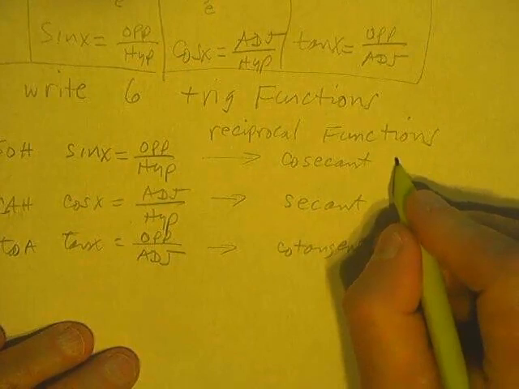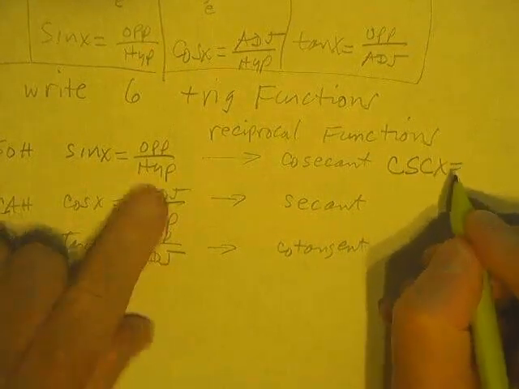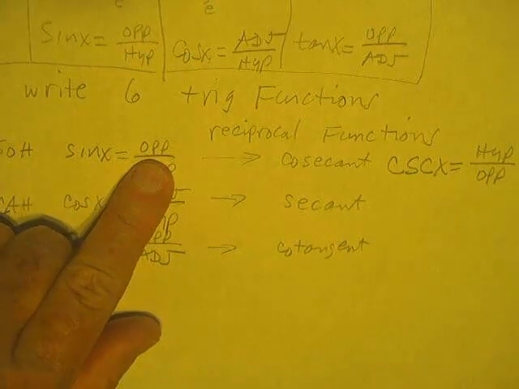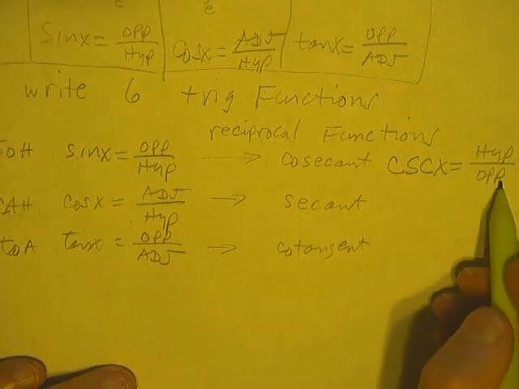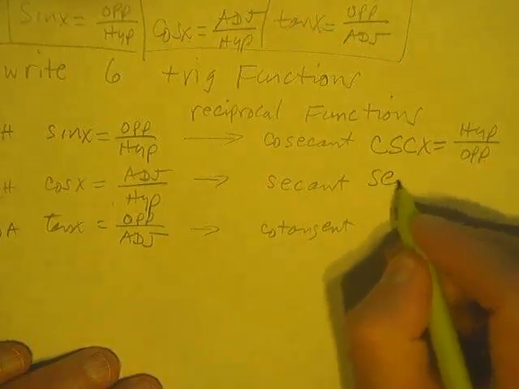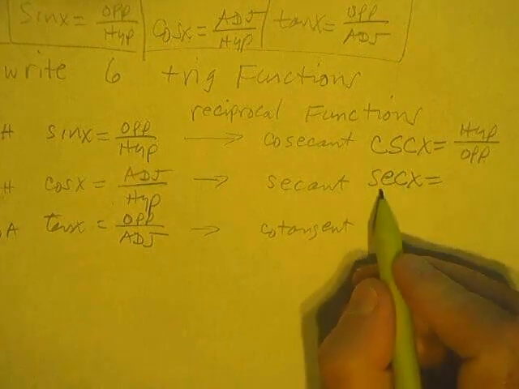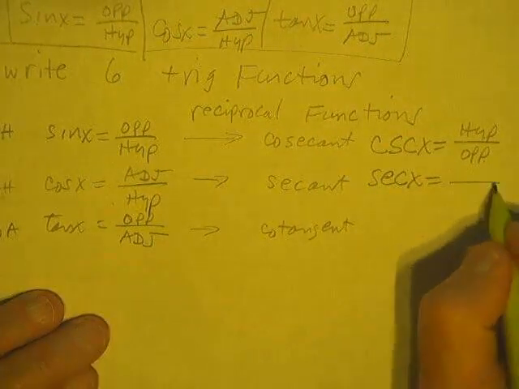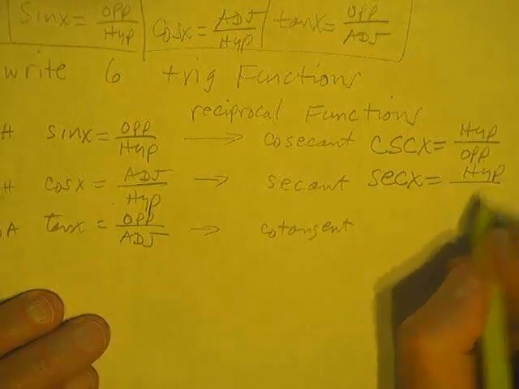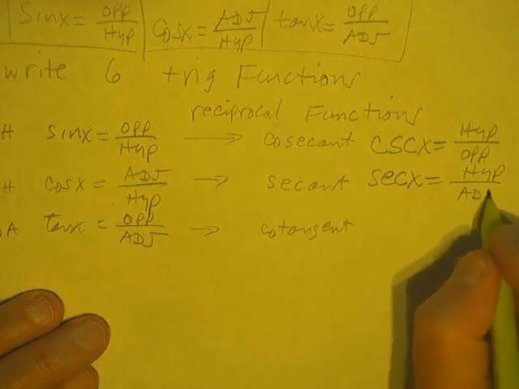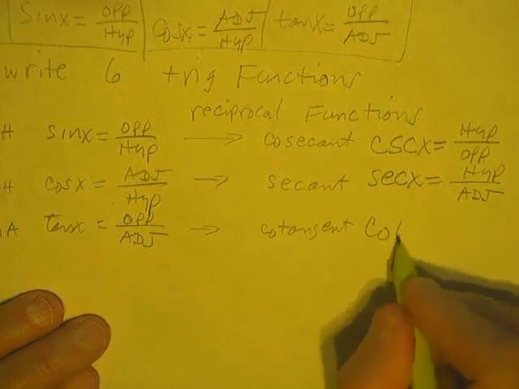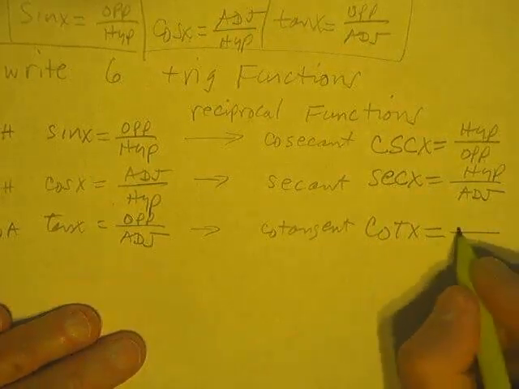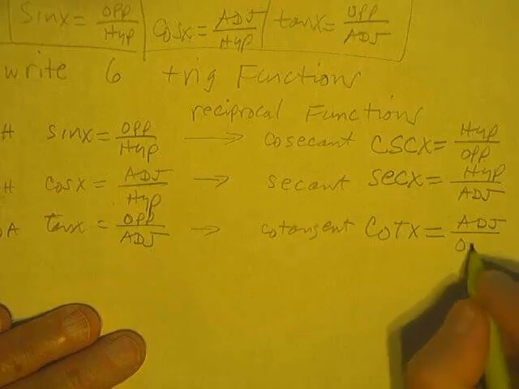So we're going to abbreviate cosecant CSC, and we're going to flip the opposite and the hypotenuse over here to hypotenuse over opposite. This one is secant. SEC stands for secant. It doesn't stand for the Security and Exchange Commission. There's your joke of the day right there.